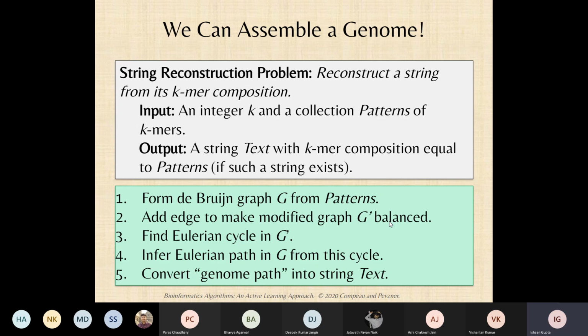I'll explain it in the next class. I'll discuss the Eulerian path algorithm in the next class. But if the graph is Eulerian, then you can find a cycle, and there's a clean algorithm for that. Okay, besides that, these things are true.